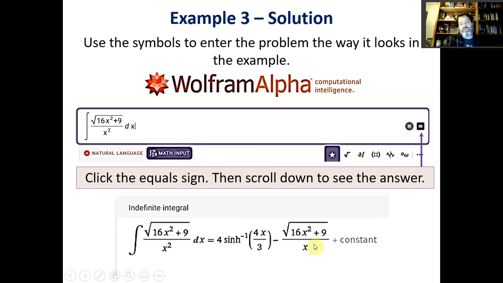And the answer that Wolfram Alpha gives us looks sort of like what we got in example 1. Like this part is the same. The constant is the same, but this looks different. So we need to find out if this part here is the same as the other part that we got when we did it by hand.